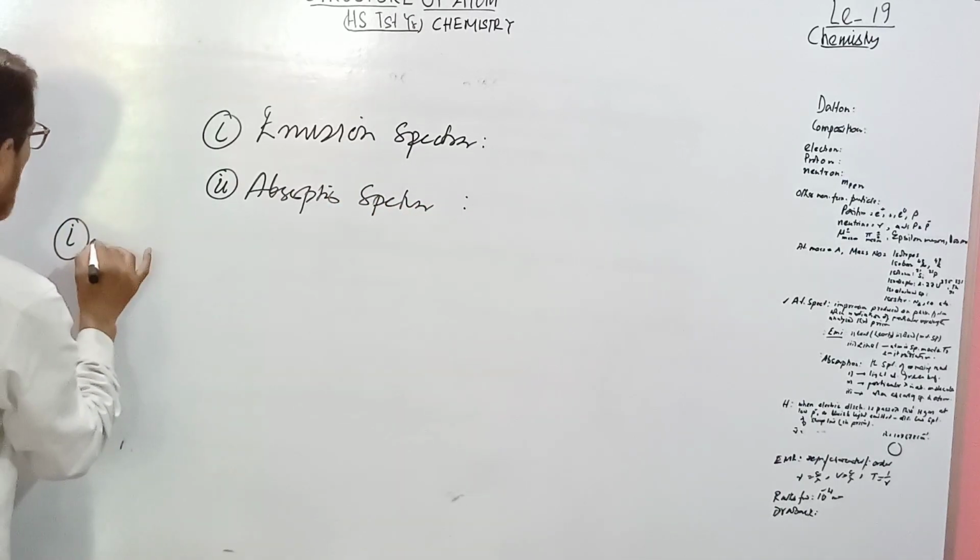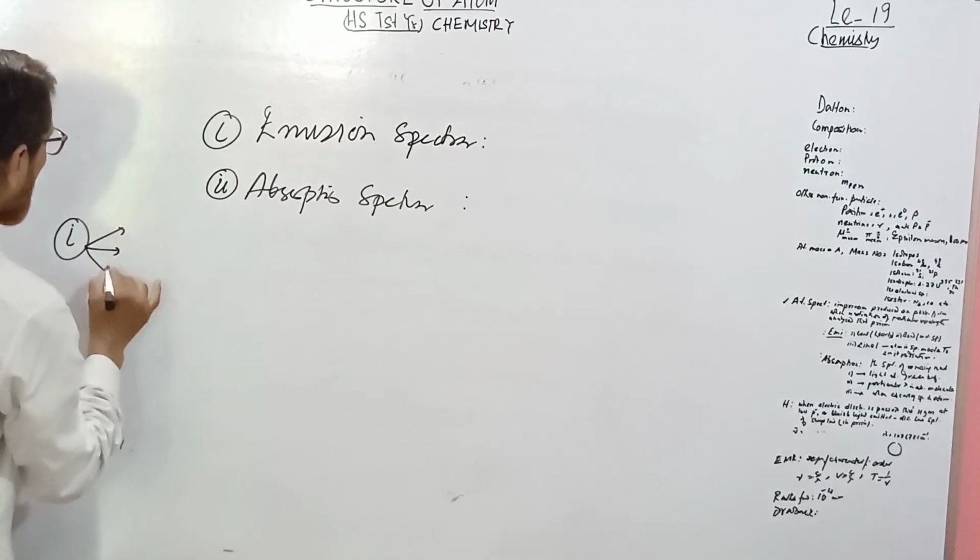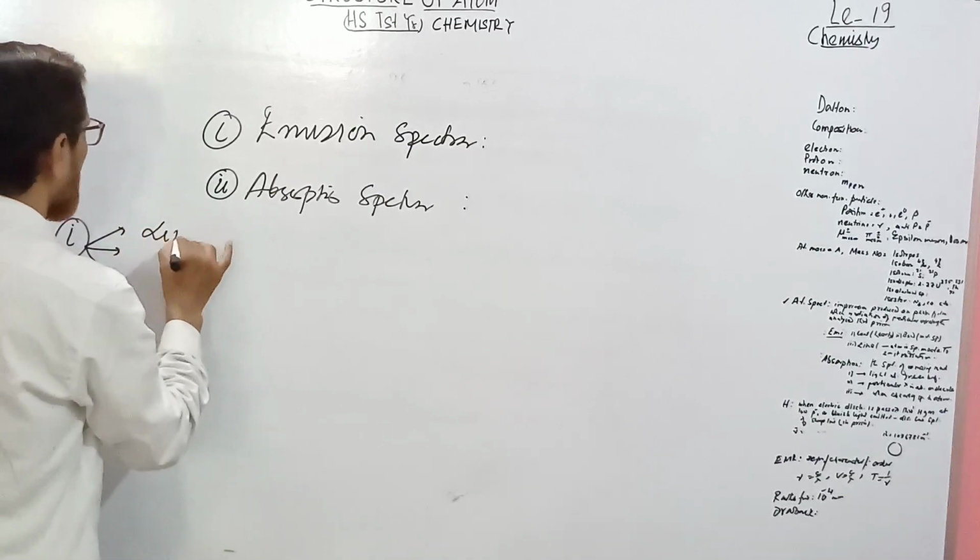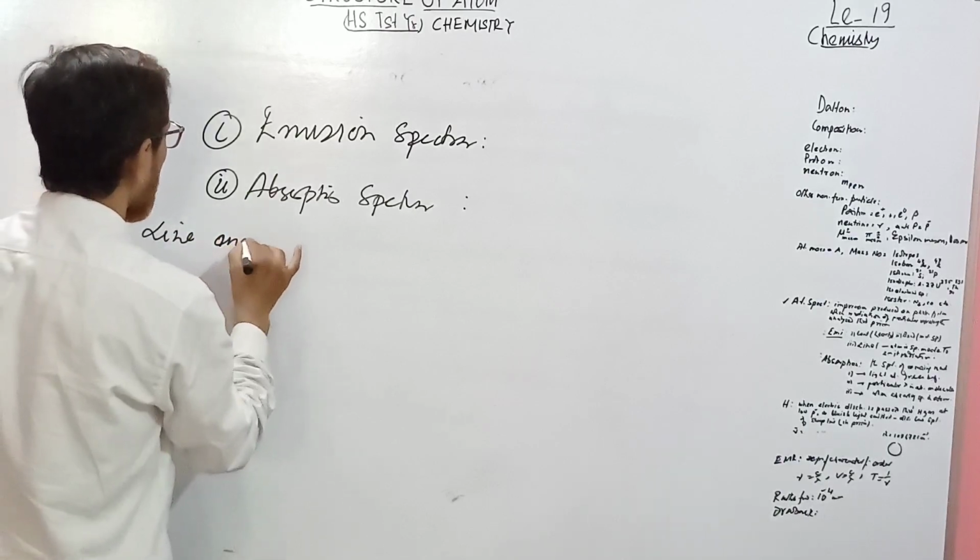Emission spectra may be divided into three parts: continuous emission spectra, band emission spectra, and line emission spectra.